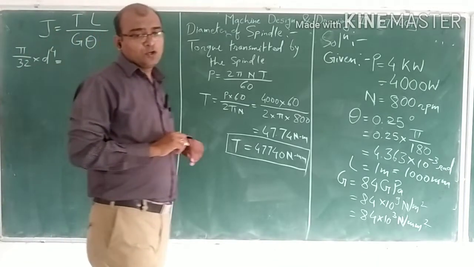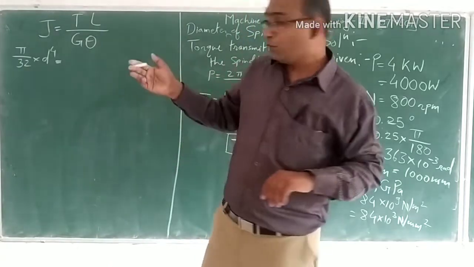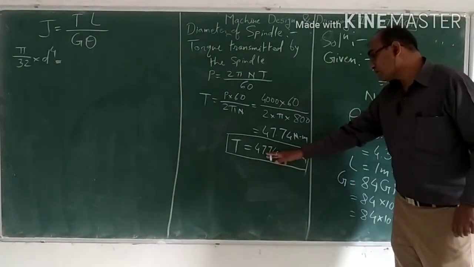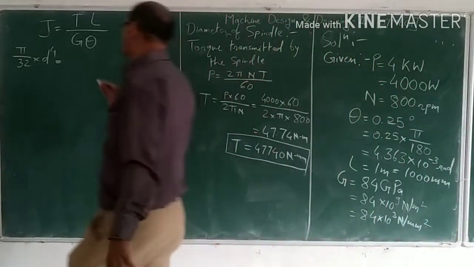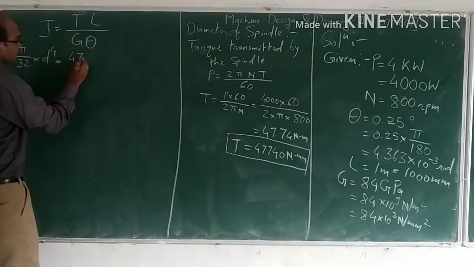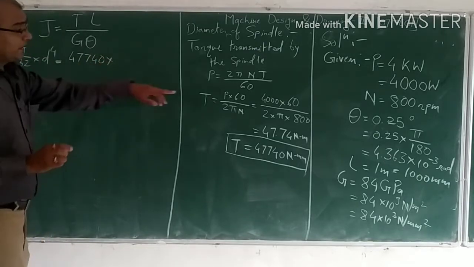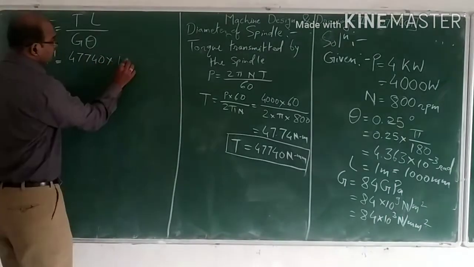Right now we are calculating with the torque, which is 47,740, into L. L is 1000 mm.